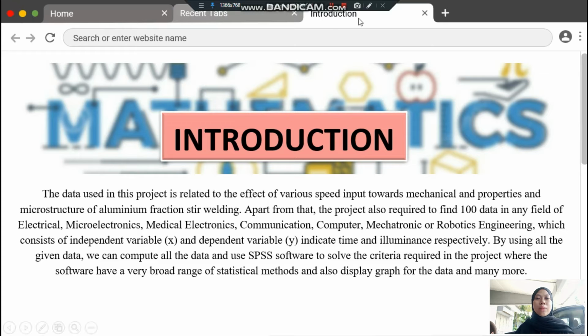By using all the given data, we can compute all data and use SPSS software to solve the criteria required in the project, where the software has a very broad range of statistical methods and also displays graphs for the data and many more.